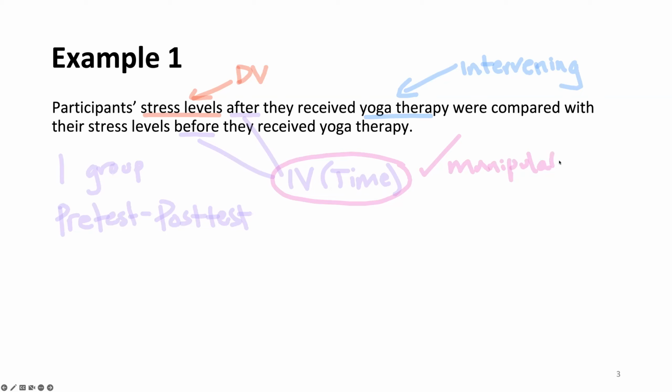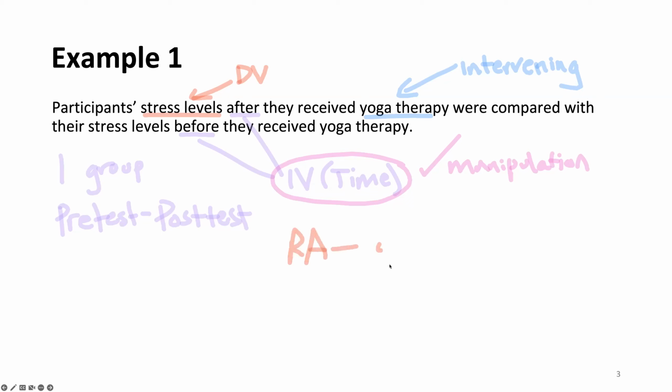But if you didn't already identify this as a pre-test, post-test, you might look at this and say, okay, the second thing we need to do is control for extraneous variables. So are we controlling for extraneous variables? Are we using random assignment to groups or to order of conditions?